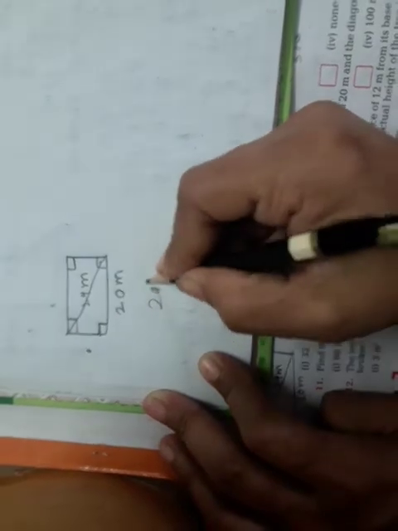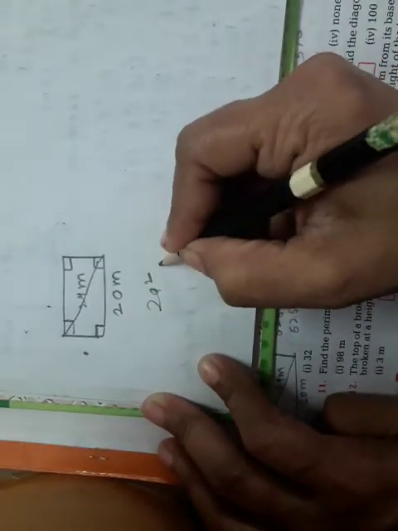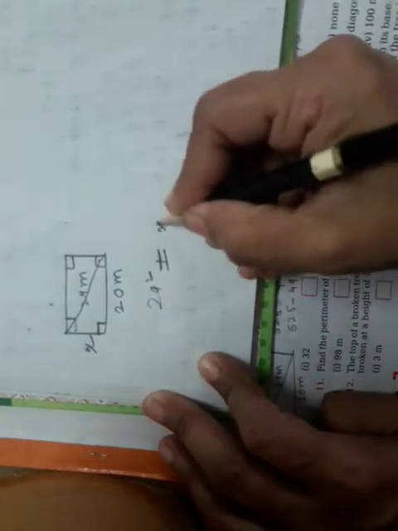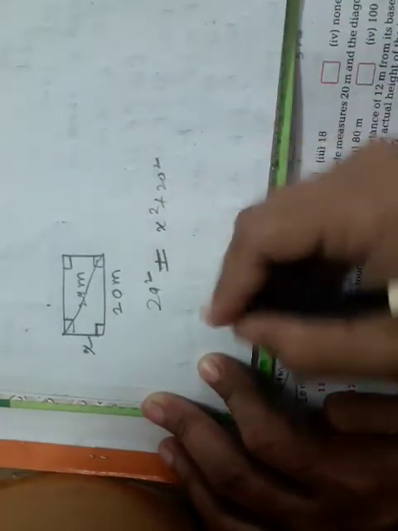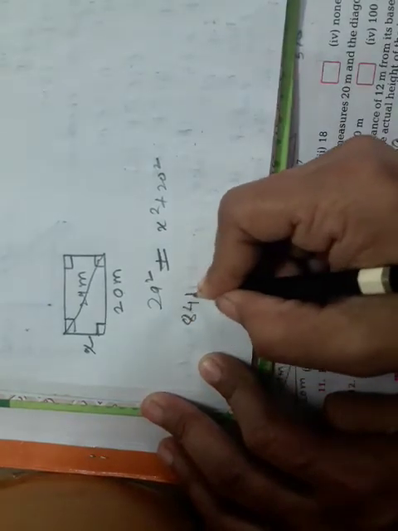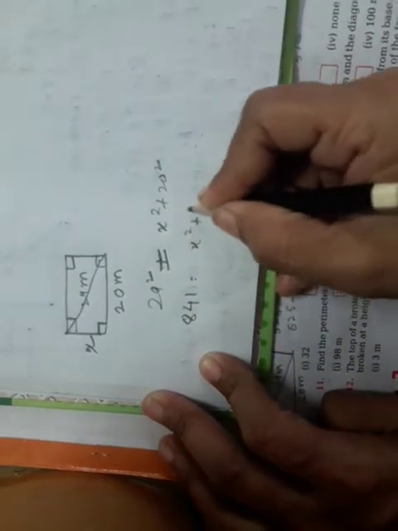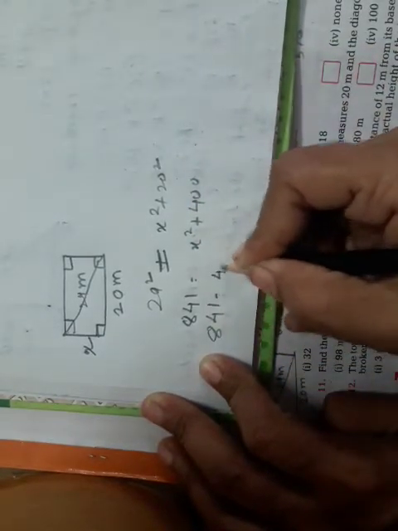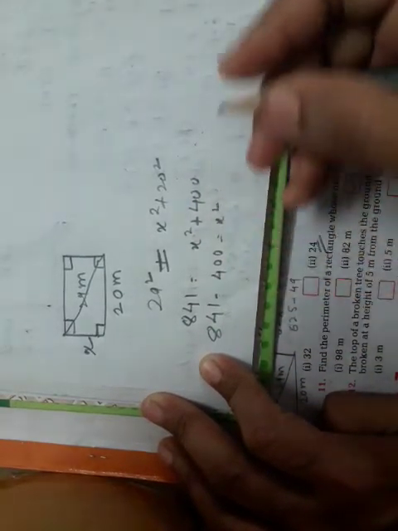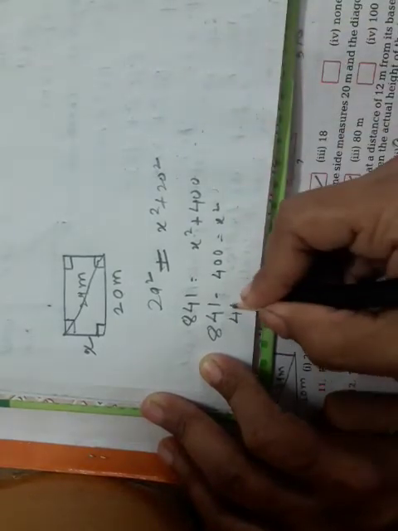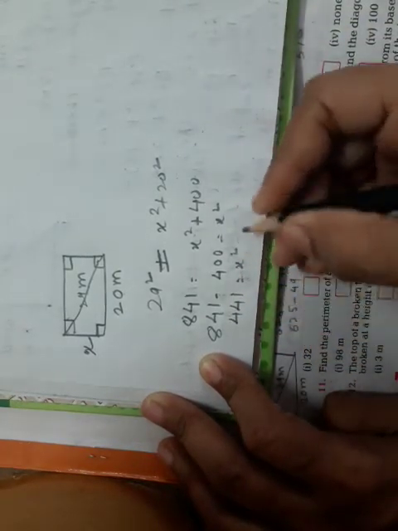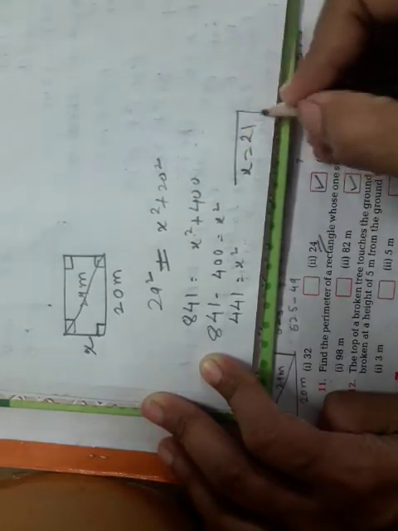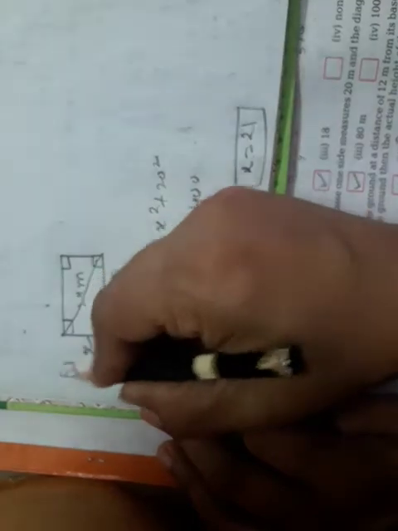By using the Pythagoras theorem, suppose this is x, 29 square is equal to x square plus 20 square. 29 square is 841 is equal to x square plus 400. 841 minus 400 is equal to x square. So 441 is equal to x square. Taking the square root of both sides, x is equal to 21.